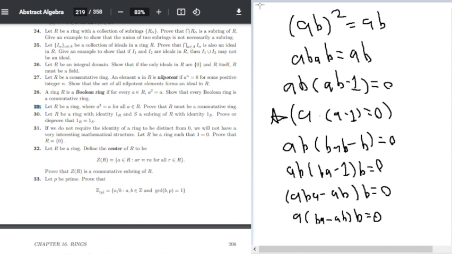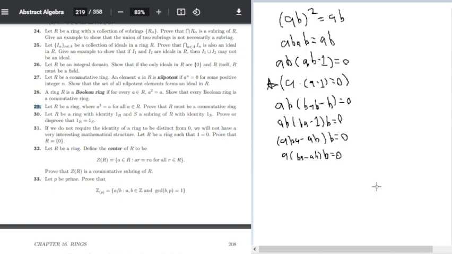Or at least initially. So first of all, if we expand, we get ABA, AB, AB minus AB is equal to 0, which makes sense. This obviously holds true. So I just wanted to sanity check myself there.